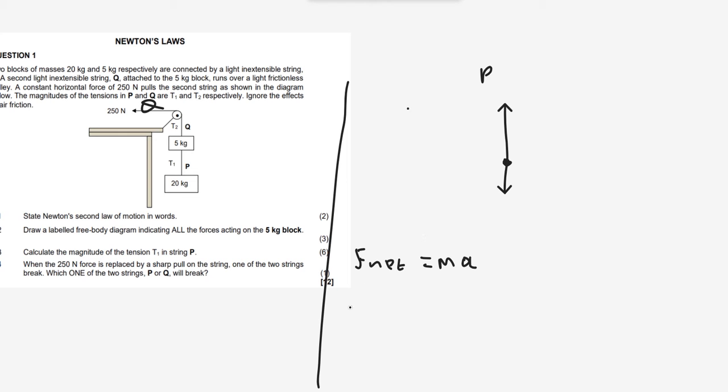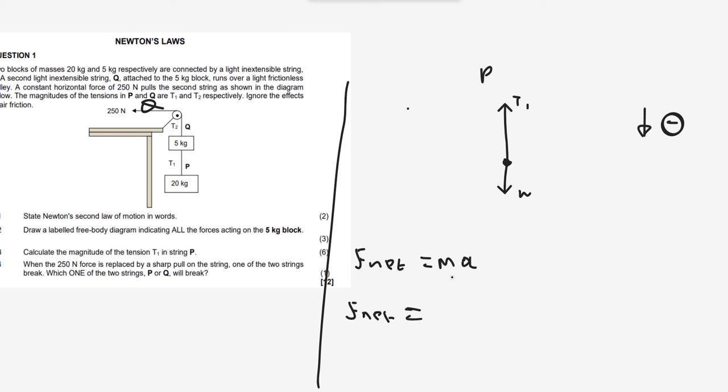And also F net, the sum of all forces acting on object P, equals T1 and the weight. We must choose our direction, and let's say downwards is negative, meaning all the forces that act down are negative.